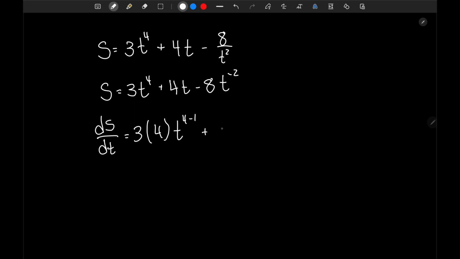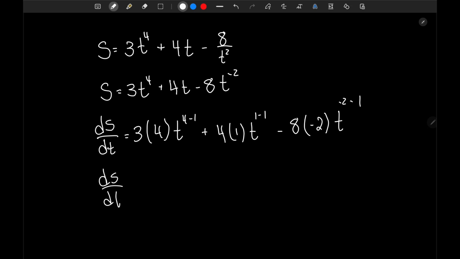And then we do this again to the next one. We have 4, the exponent is 1, and t is written to the exponent 1, minus 1, minus 8, multiplied by the exponent is negative 2, then it's t to the minus 2, minus 1. So we simplify this all up.